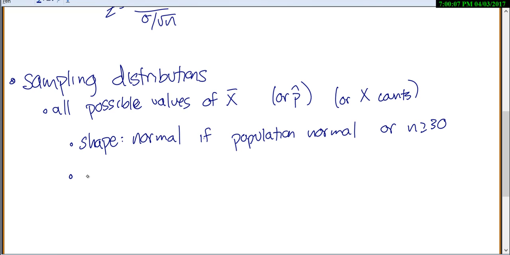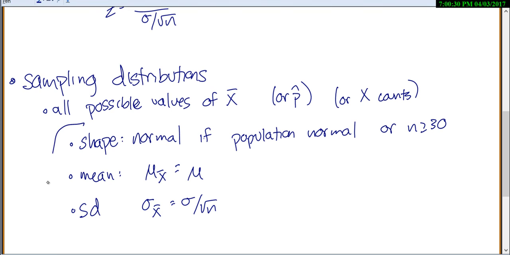The mean for all of our possible sample means is going to be equal to our original population mean. And the standard deviation is going to be sigma for x bar, which is sigma over square root of n.